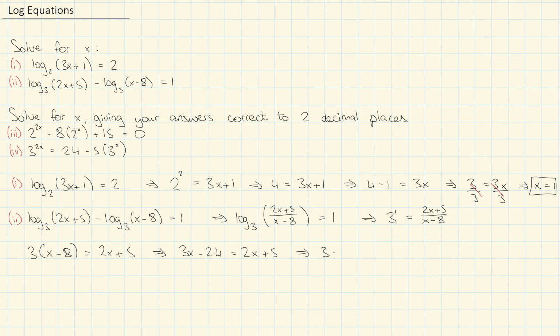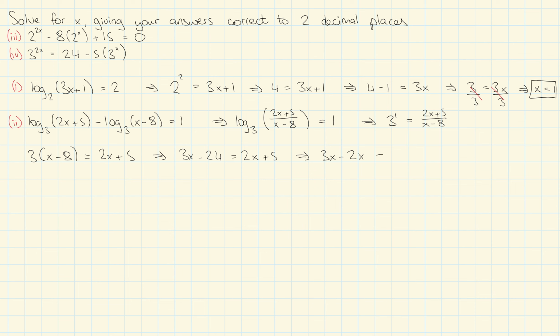Numbers on one side, letters on the other, and we get x equals 29. And again, this type of equation you can just pop into your calculator to double check your solution. The same approach as we've seen above and in previous videos.